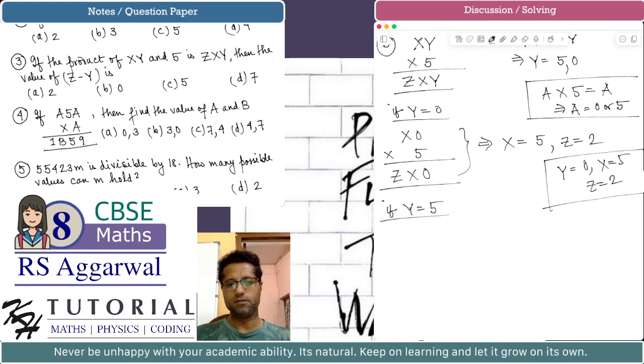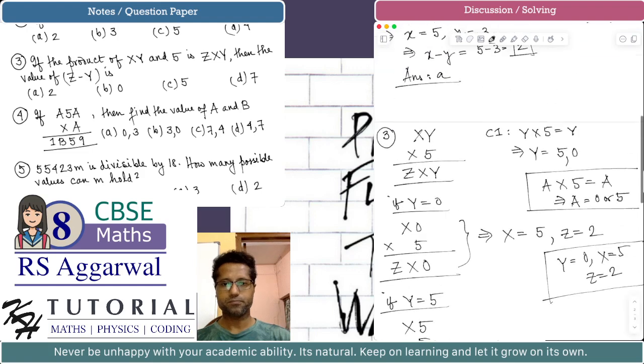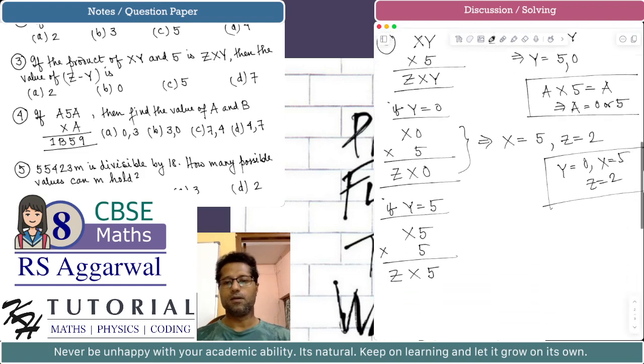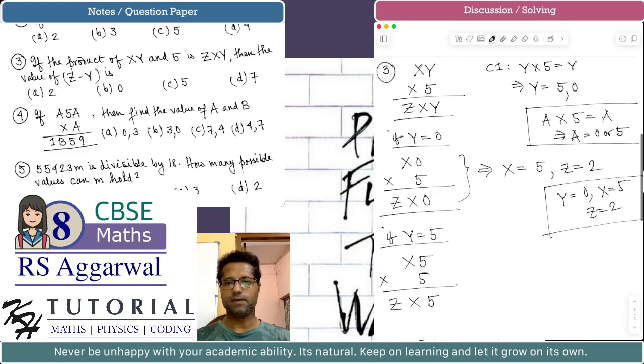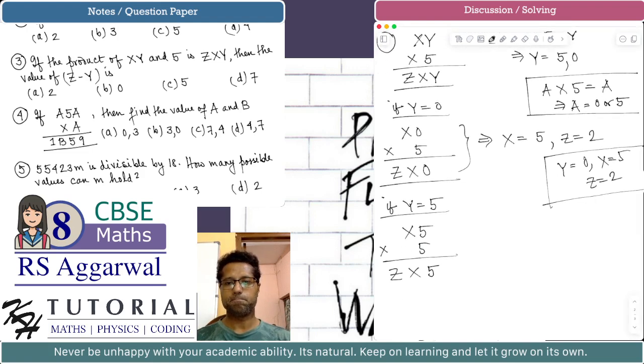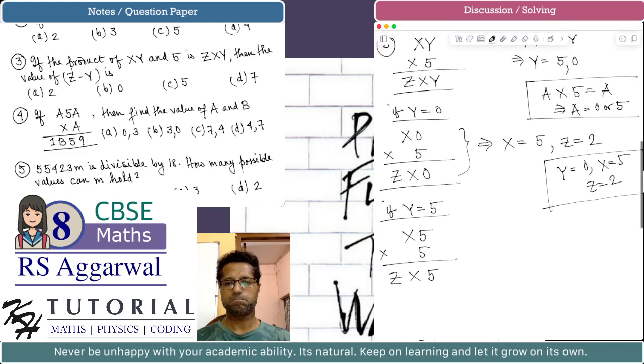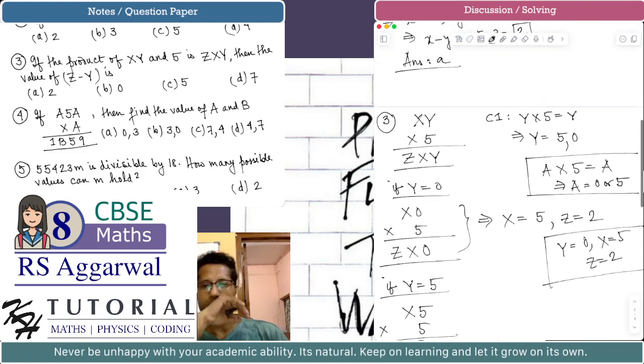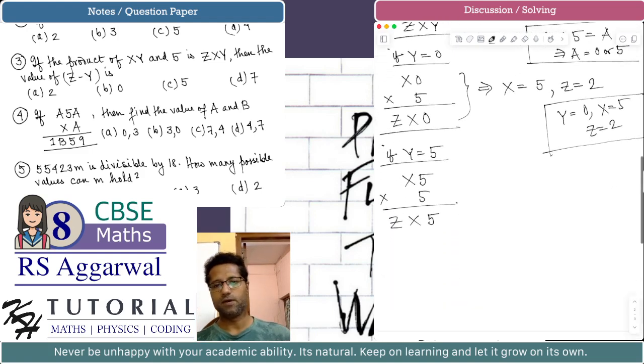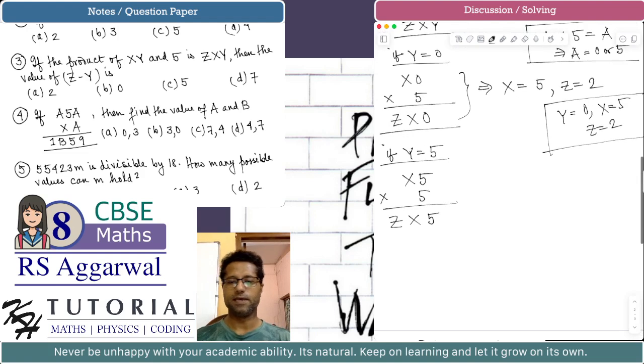If y is 5, the multiplication becomes x5 multiplied by 5 gives zx5.